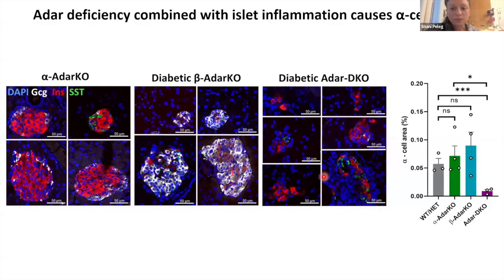And in our Adar double knockout mice, we see a decrease in both insulin and glucagon. We quantified the alpha cell area, and we found a significantly decreased alpha cell area in Adar double knockout mice. So there is alpha cell death when we combine islet inflammation and Adar deficiency in alpha cells.